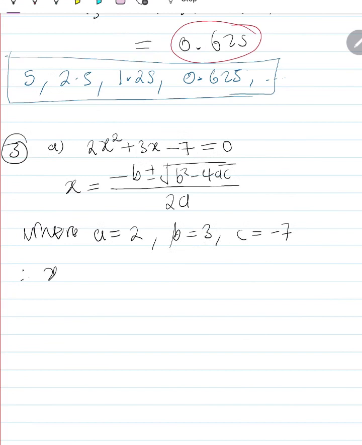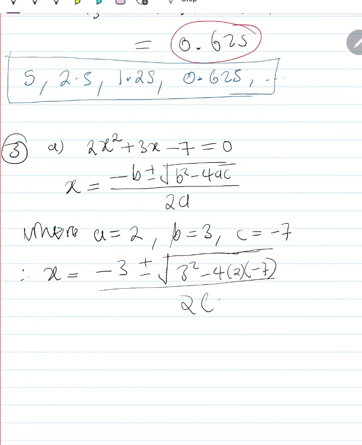So therefore x is equal to negative 3 plus or minus the square root of 3 squared minus 4, then a is 2 and c is negative 7, everything divided by 2a, but a is 2.